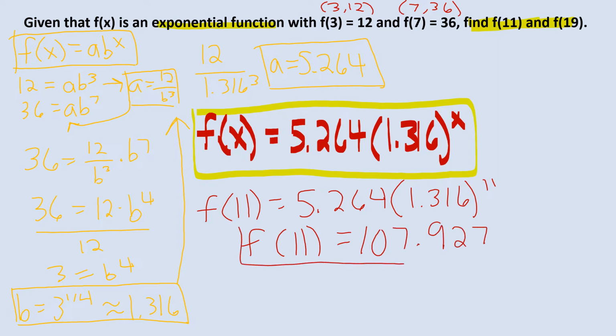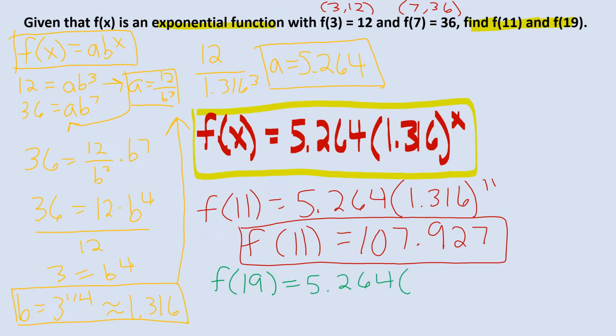And we're going to do this exact same thing for f of 19. We're going to plug that in for our x value, and that's going to give us an answer of 970.907.